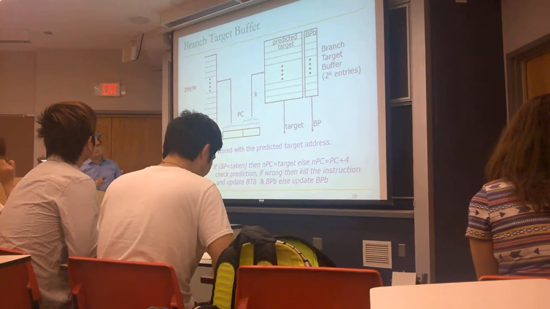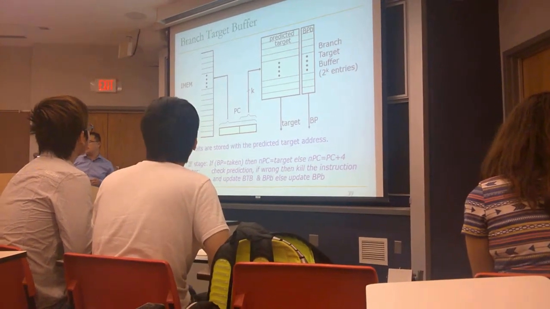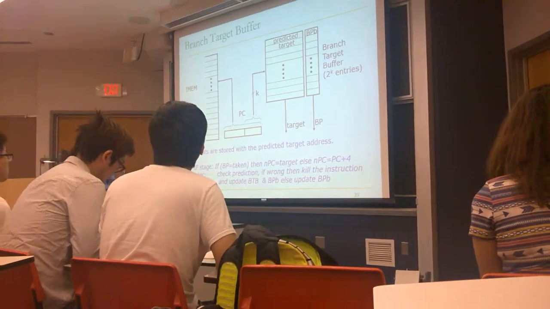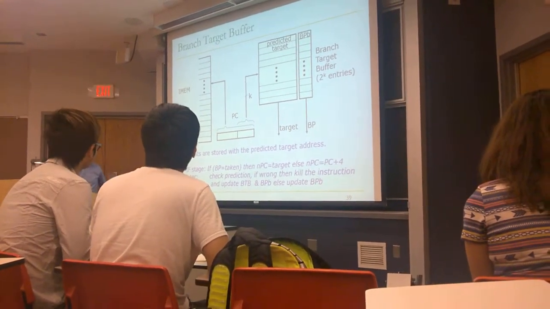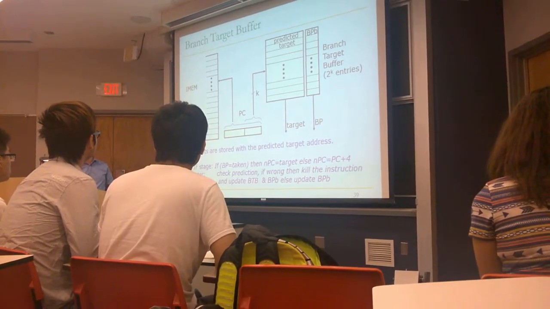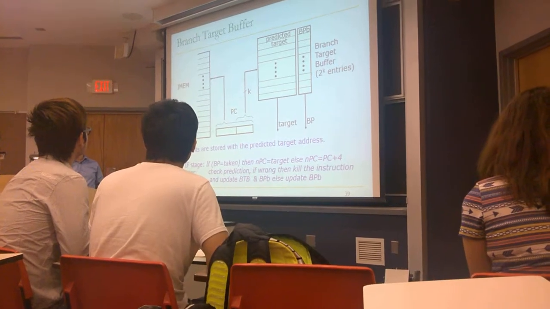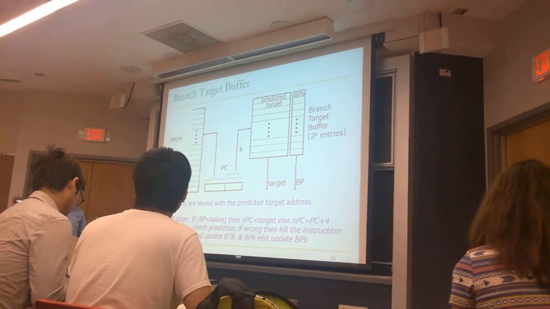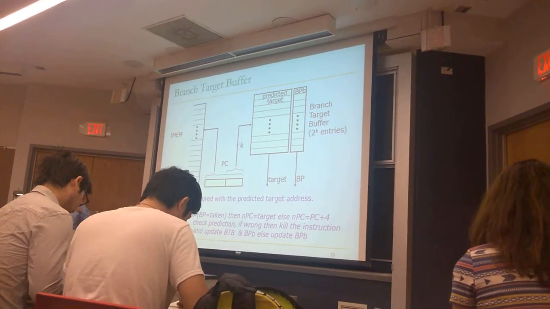So here is another more efficient and effective design for branch prediction called the branch target buffer. Firstly, it will only use the PC value to do the prediction. We don't need to do any instruction fetch. This is the first difference.